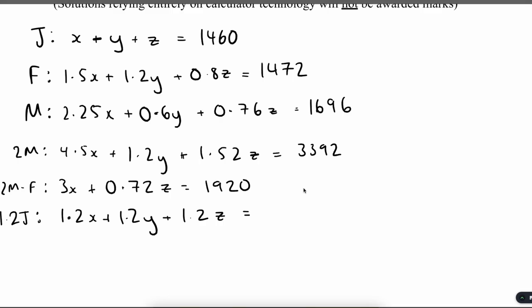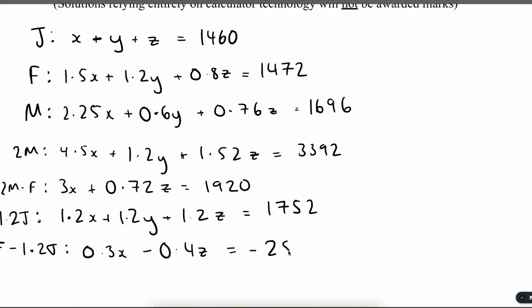You should get 1752. And now we can subtract February from 1.2 January. So February minus 1.2 January, and you get 0.3x, y's cancel, and then we get minus 0.4z. And then on this side, we end up with minus 280.